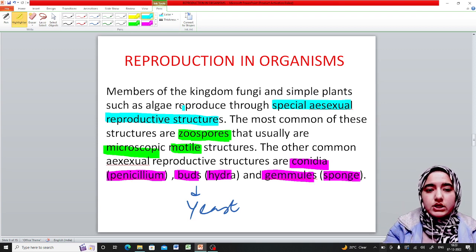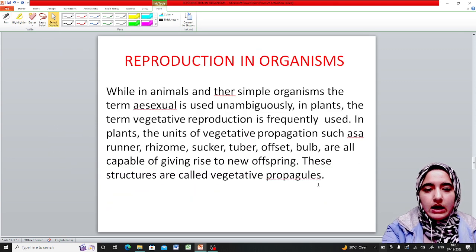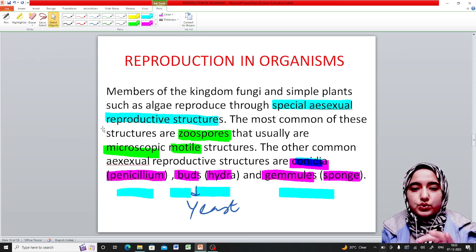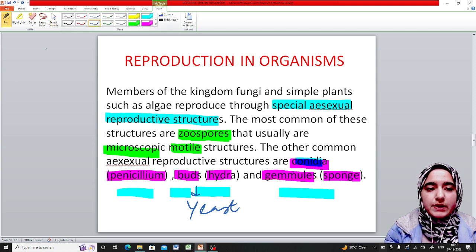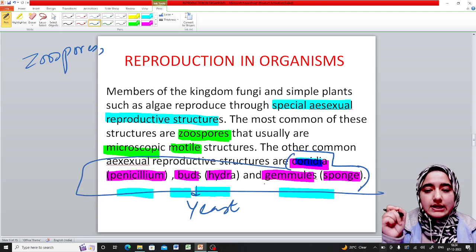Other common asexual reproductive structures are conidia in penicillium, buds in hydra, and gemmules in sponge. This we call reproduction through special reproductive structures.